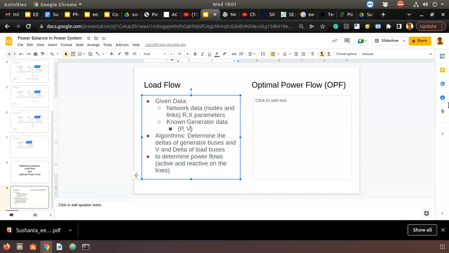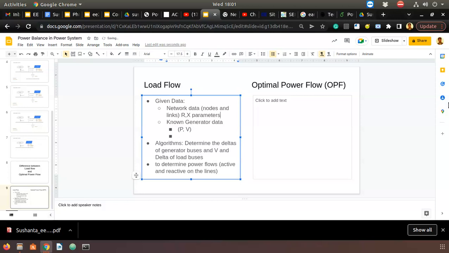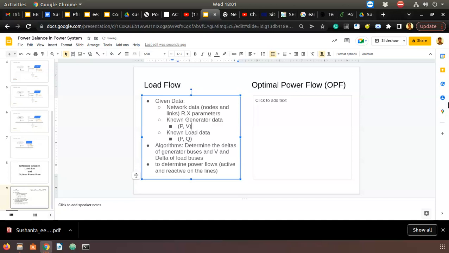So known data is this one. Known generator data, known load data, P and Q. Both P and Q you know. So what is unknown here? V and delta.